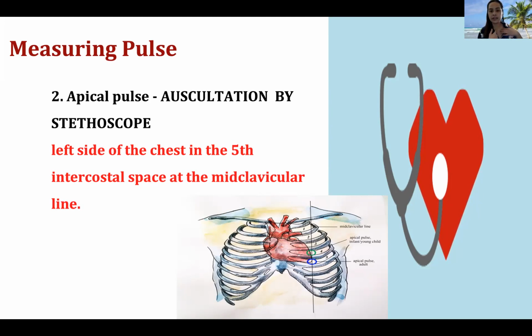In the middle of this clavicle bone, you will count the intercostal space. Intercostal space means the space between the ribs: 1, 2, 3, 4, 5. This is where your apical pulse is located.